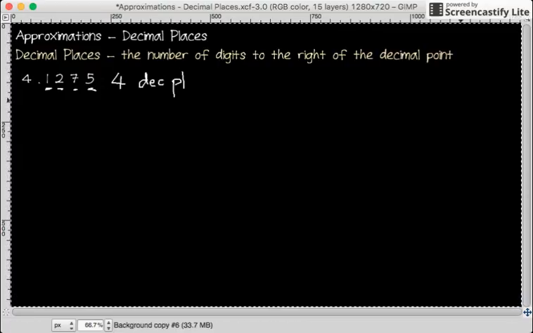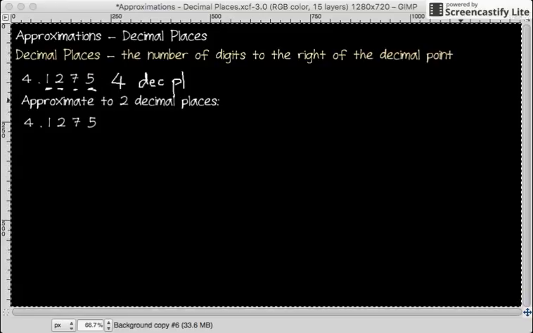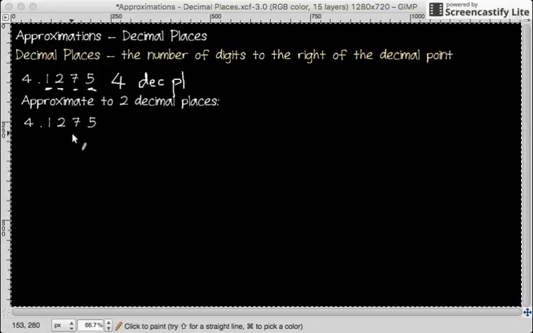I'm going to rewrite the number down here. We count the decimal places after the decimal point: 1, 2, and then we use a cutoff because we don't want to go any further than that decimal place.